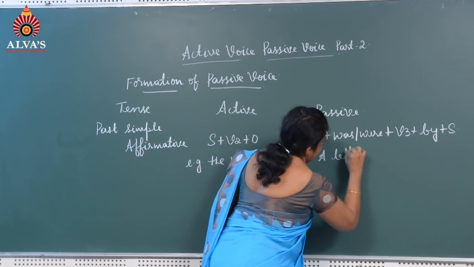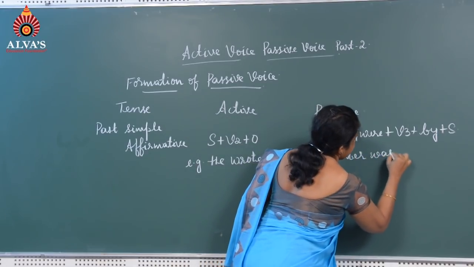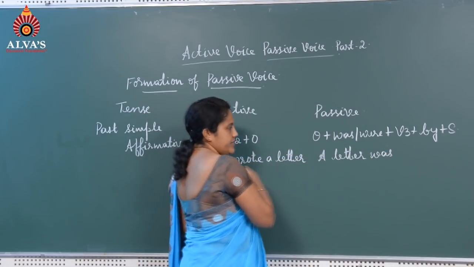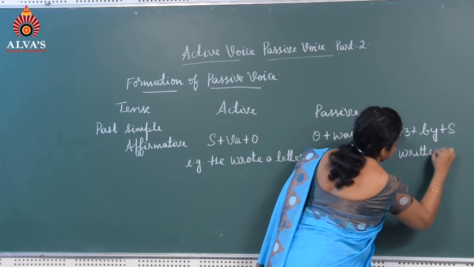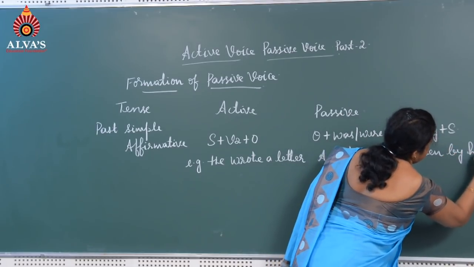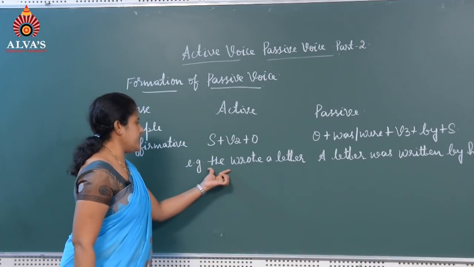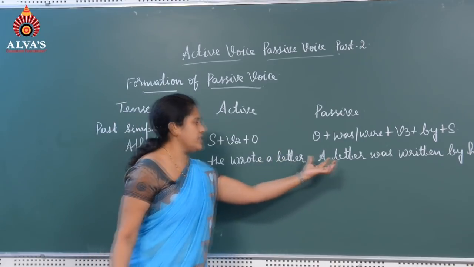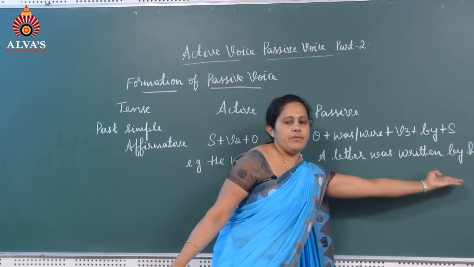A letter was, V3 form of the verb, write is written, was written by him. So, in active voice, he wrote a letter. When we change into passive voice, a letter was written by him.